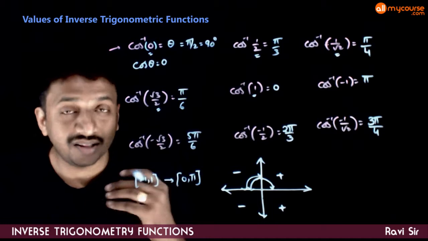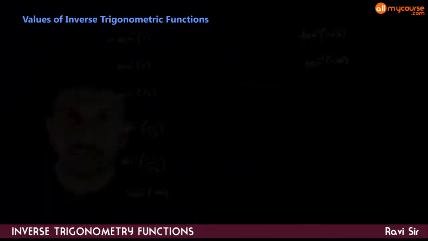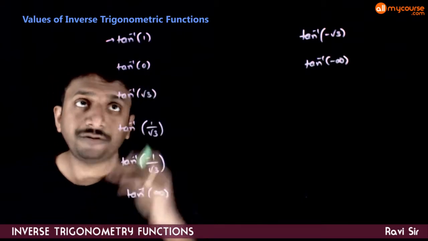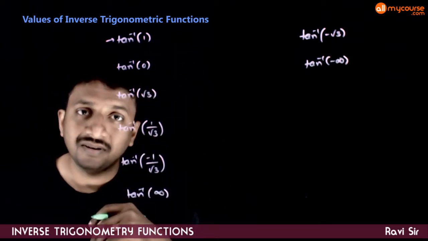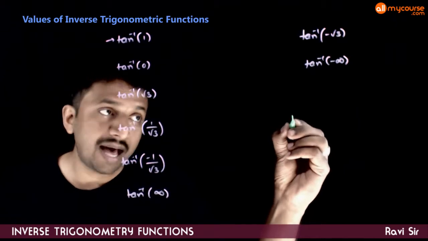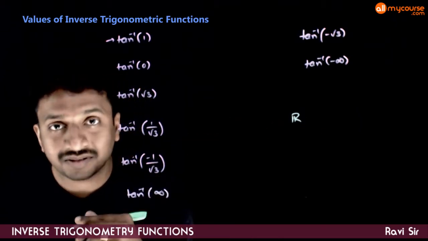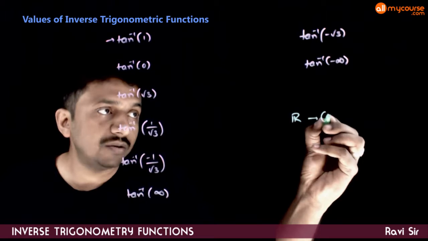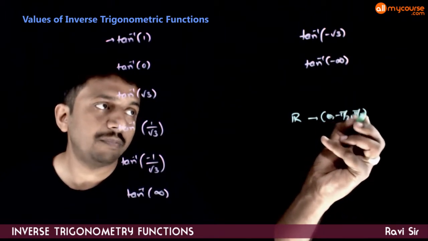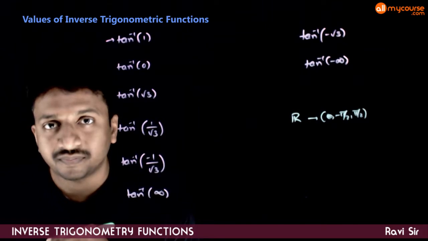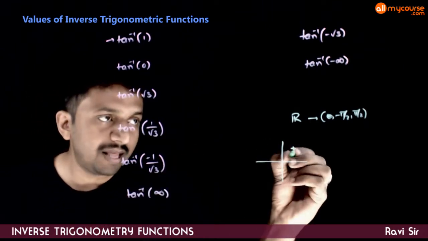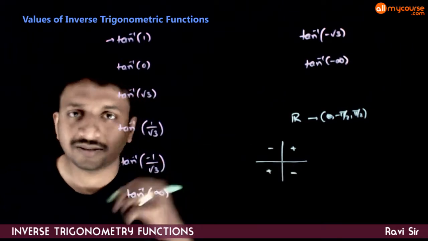Next, let us go for the values of tan inverse. Tan inverse takes in values which are real numbers and gives out values which are in between minus pi by 2 and plus pi by 2. So, if you draw the quadrant diagram for tan, plus minus plus minus.